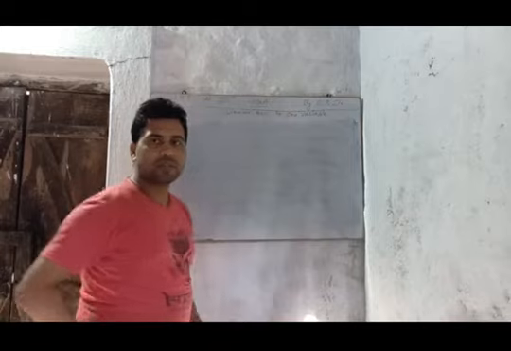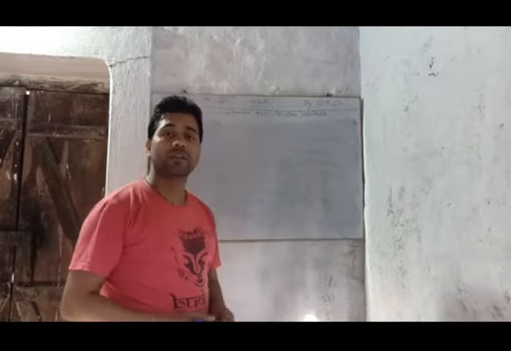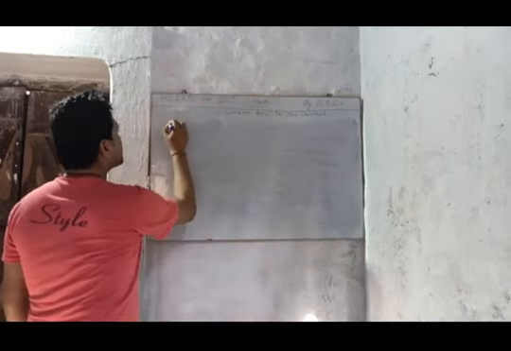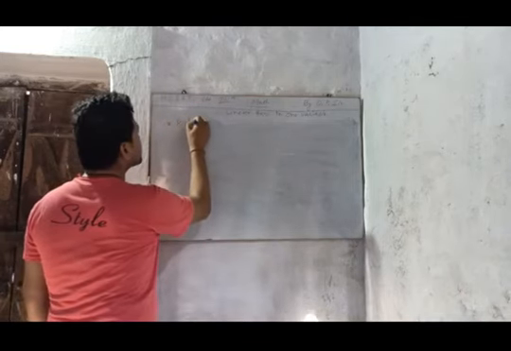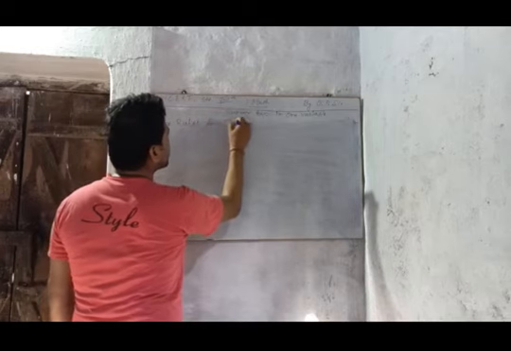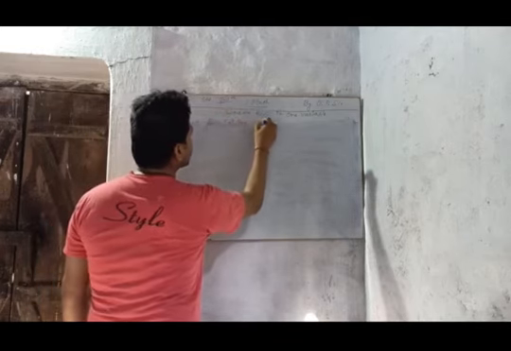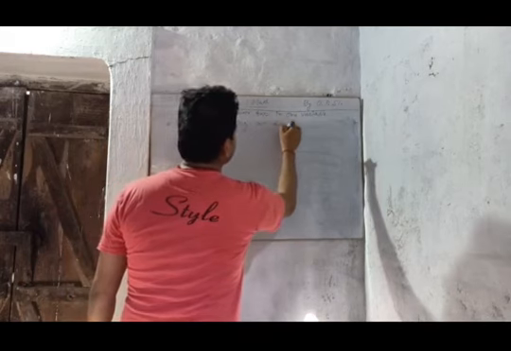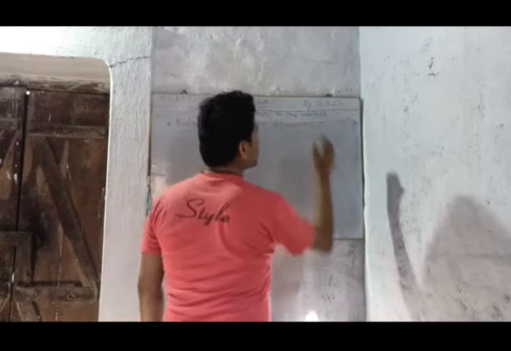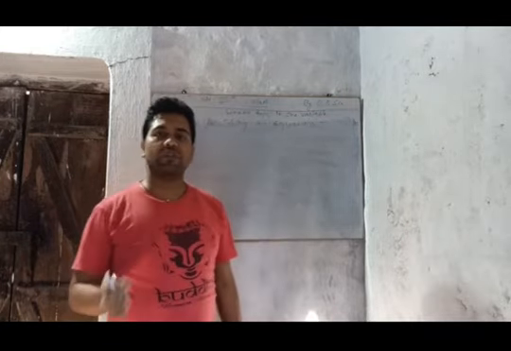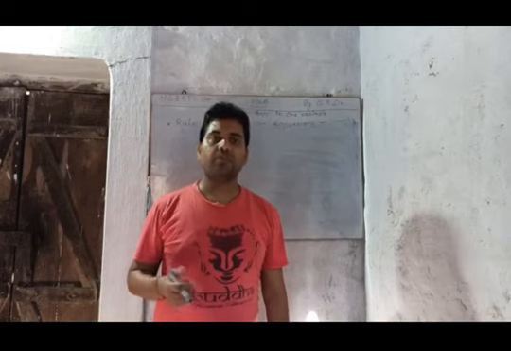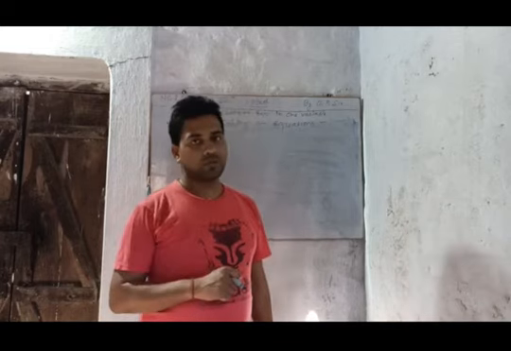Dear students, as we have discussed this table, now we will discuss rules for solving an equation. We will discuss what types of rules are there by which we will be able to solve the questions.